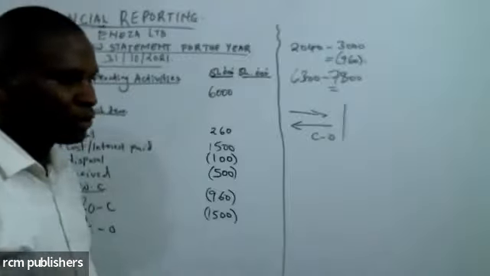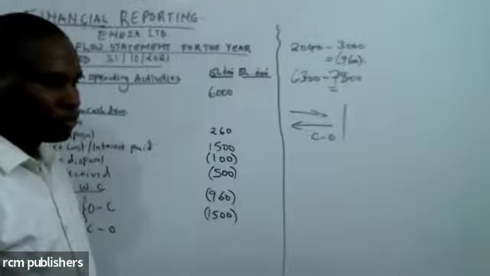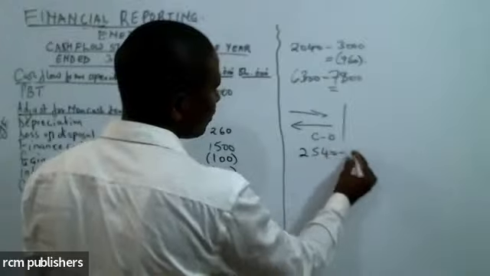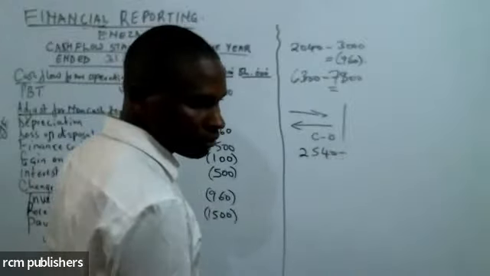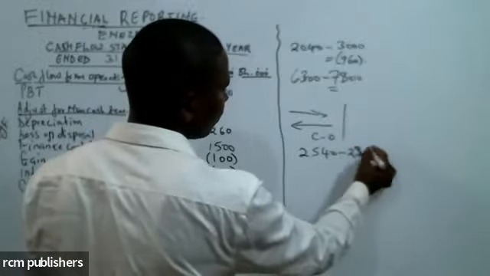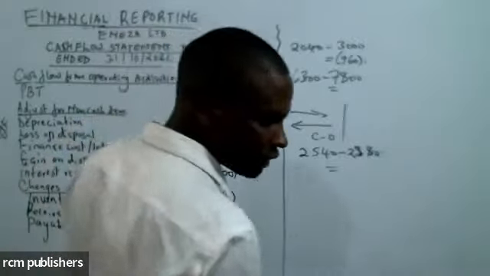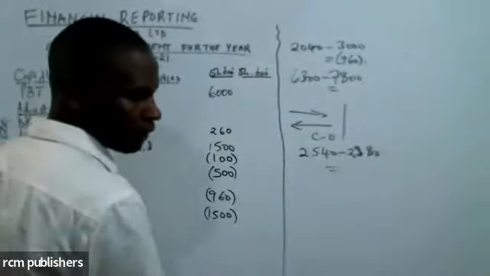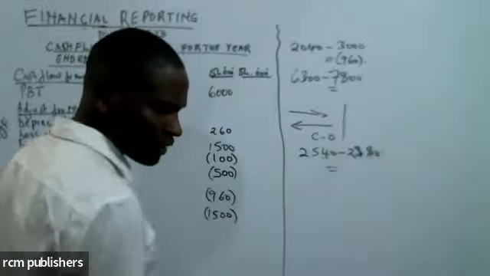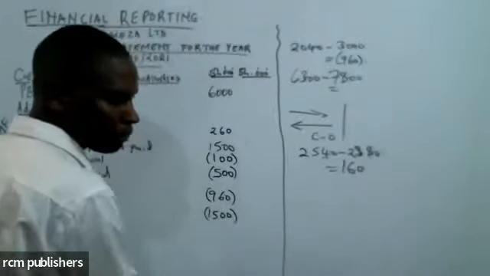The year 2021 value is 2,540 minus 2,380. What is the difference? It is 160, which is positive.